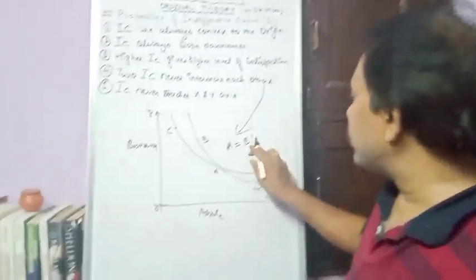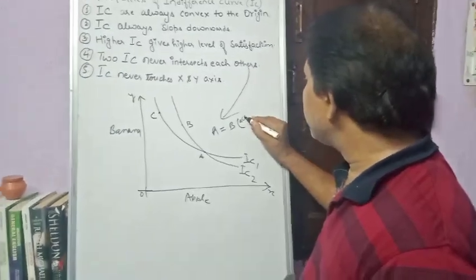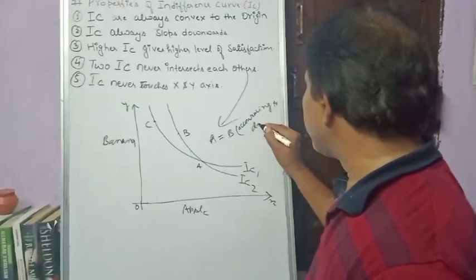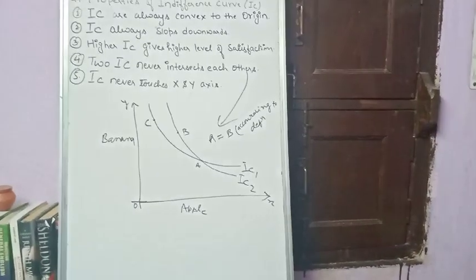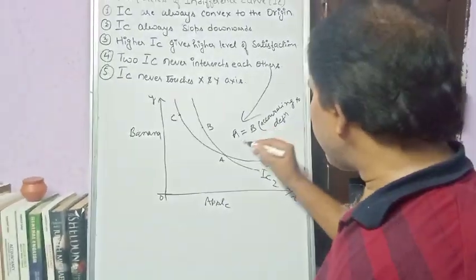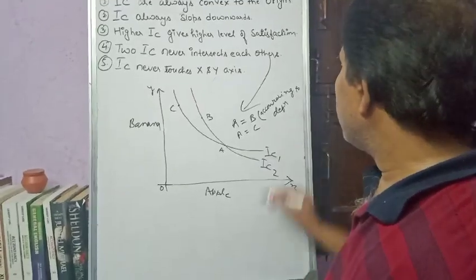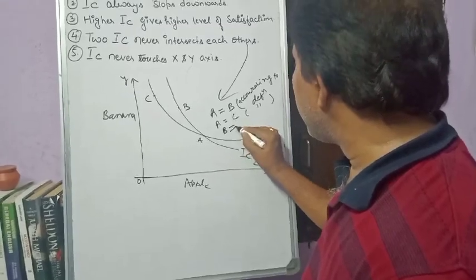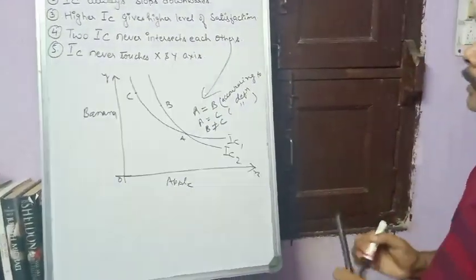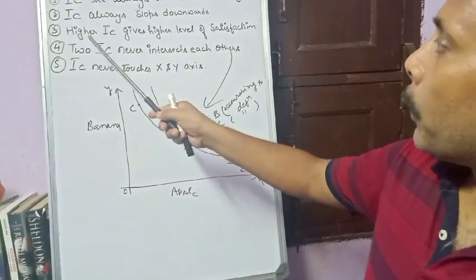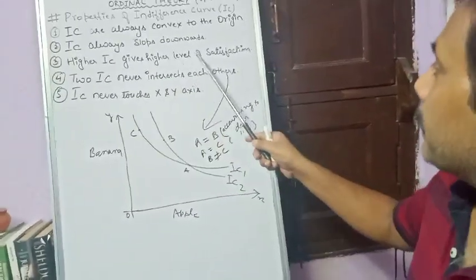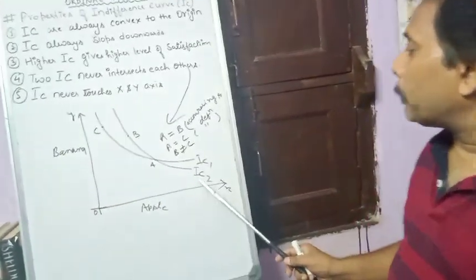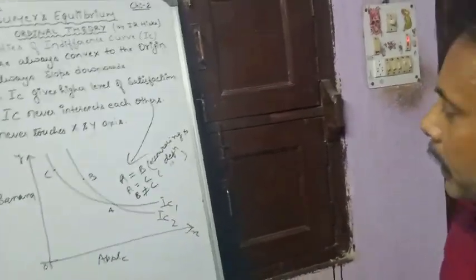So we can say A is equal to B according to definitions, and A is equal to C, again according to definitions. But B will never equal C because the third property says that a higher indifference curve always gives a higher level of satisfaction. So IC2 will give more satisfaction compared to IC1.